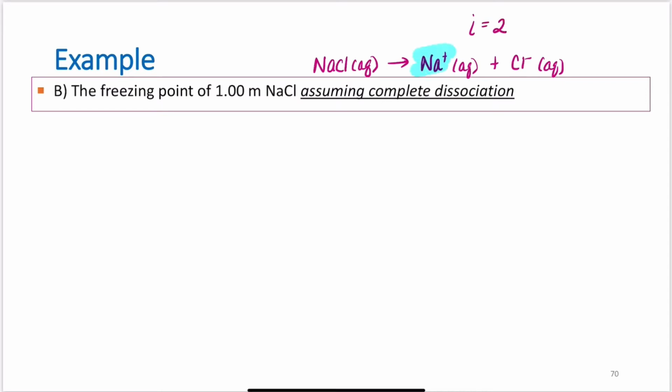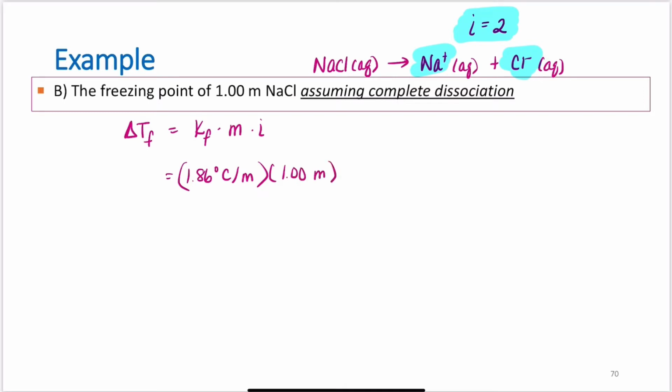I have 1 particle and 2 particles. i is equal to 2. I want to know the freezing point, so delta Tf equals Kf times m times i. Kf is 1.86 degrees C per molal, I have a 1 molal solution, and i is equal to 2.